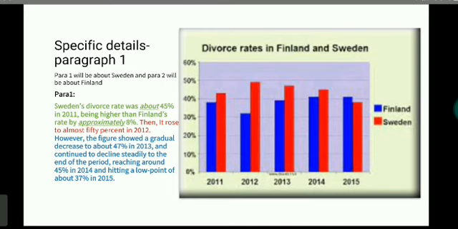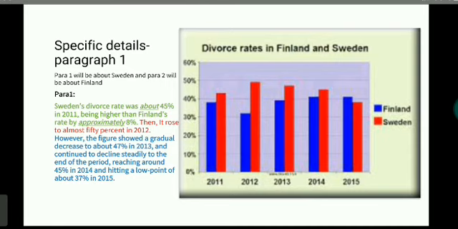Then it rose to almost 50% in 2012. It went to 50% in 2012. However, in the next sentence we're going to combine the details about 2013, 14 and 15 related to Sweden. However, the figure showed a gradual decrease to about 47% in 2013 and continued to decline steadily to the end of the period.